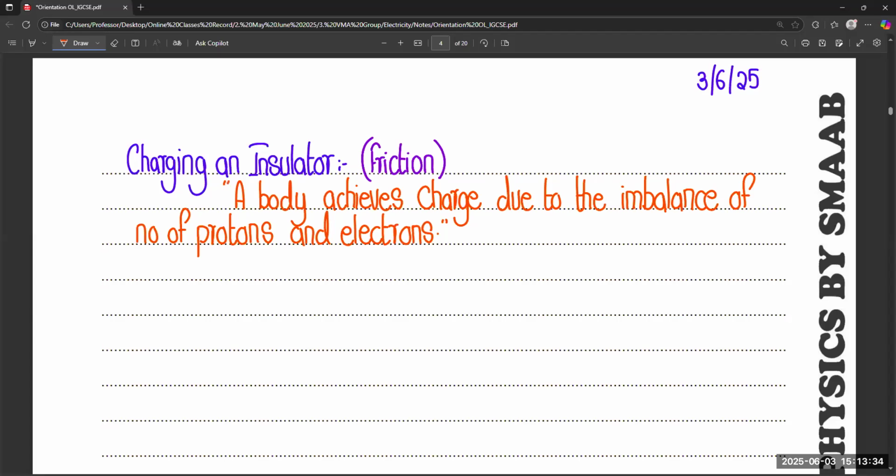This is the general idea of getting charge on a body. So when any body gets a charge, definitely we have an unbalanced number of protons and electrons.